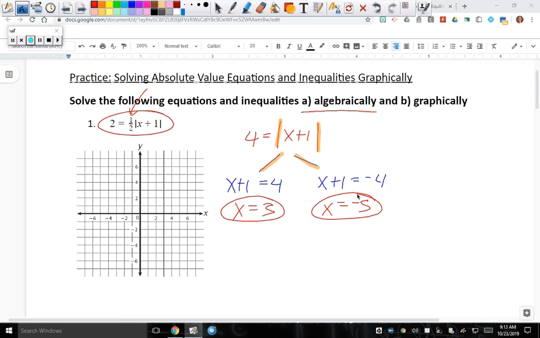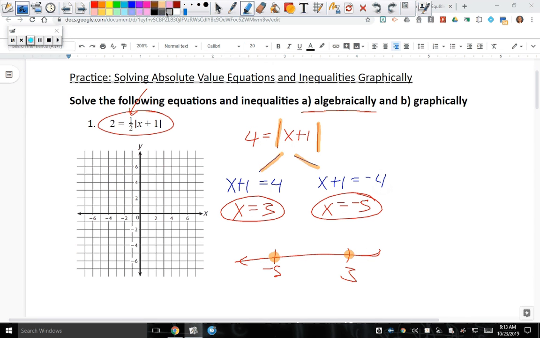Brianna, is this a conjunction or a disjunction? Or neither? Perfect. It's neither because it's 2 points. It's not an inequality. Okay? So yes, if I had it on a number line, we'd have -5, we'd have 3, and yes, they would just be 2 points all by themselves.